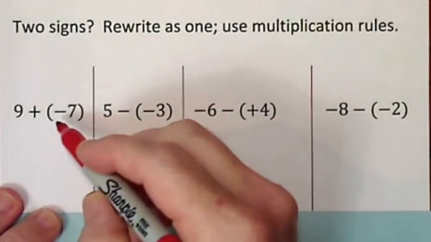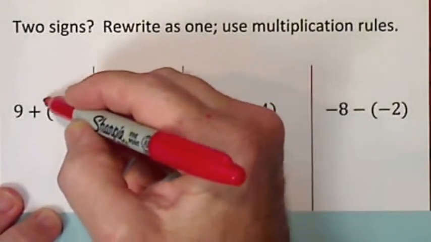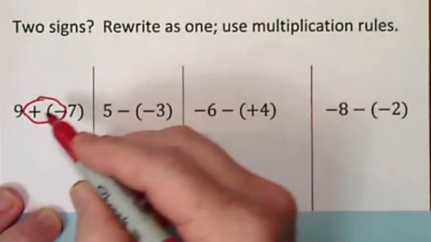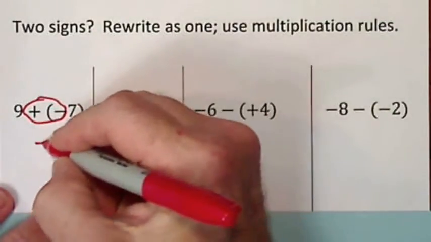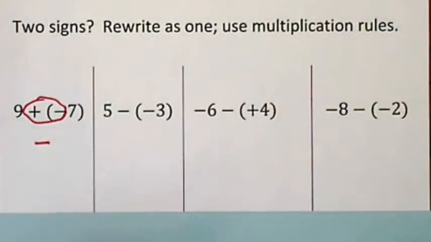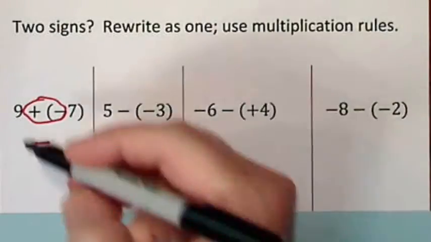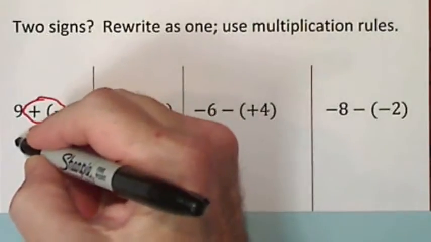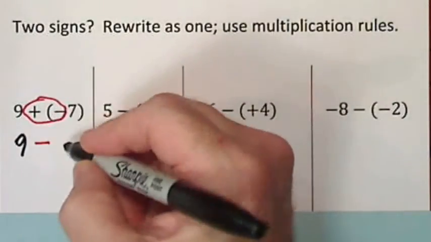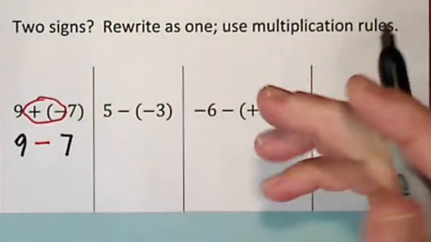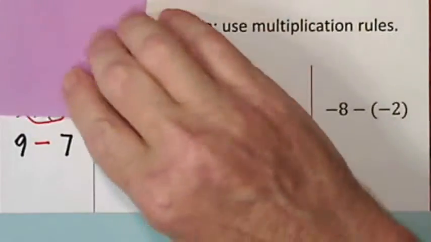So if there's two signs in front of a number, I'll use the multiplication rules. Positive times negative is a negative. And then, just as I always do with simplifying an expression, I bring down whatever I have not touched. The 9 comes down, the 7 comes down, and everything up here is gone for good.